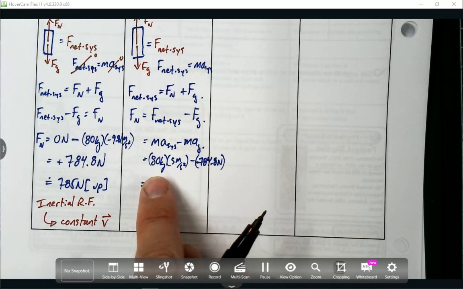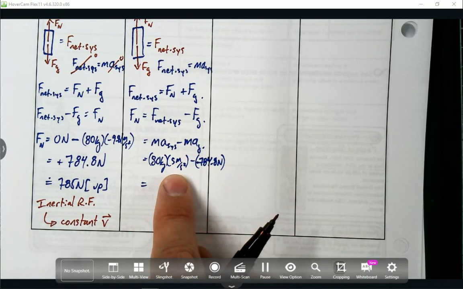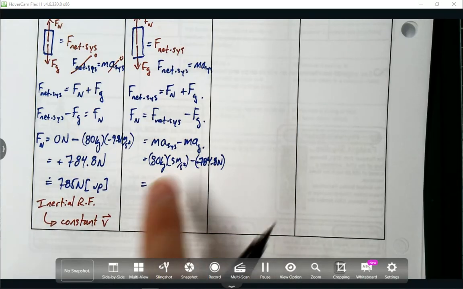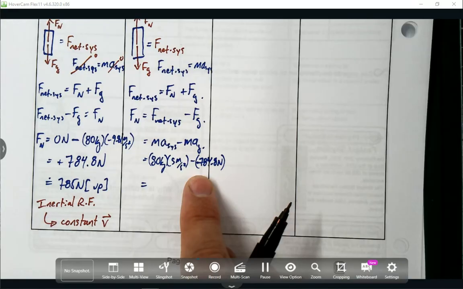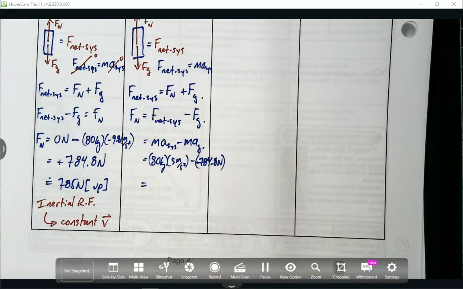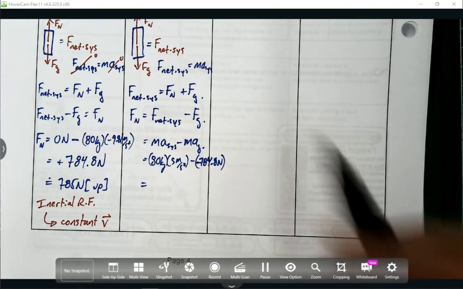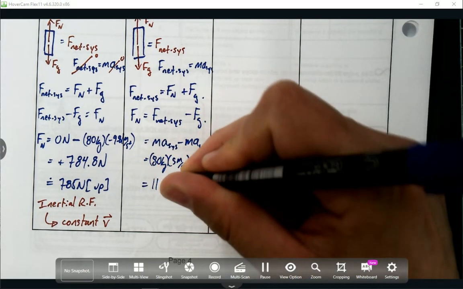So head math, 80 times 5 is, starts with an F. 400. 400 plus 784.8. Anybody do it in your head? 1184.8. Yeah?